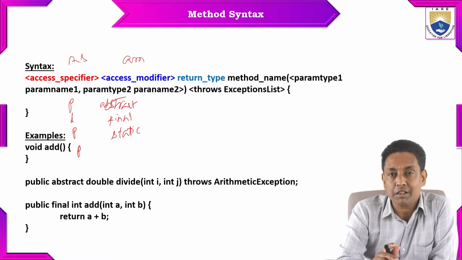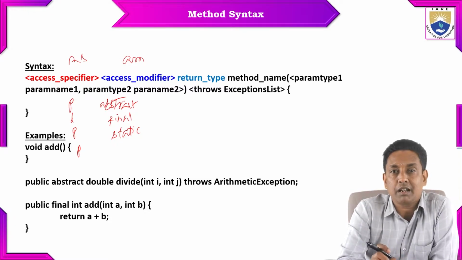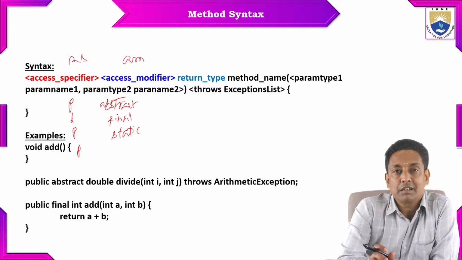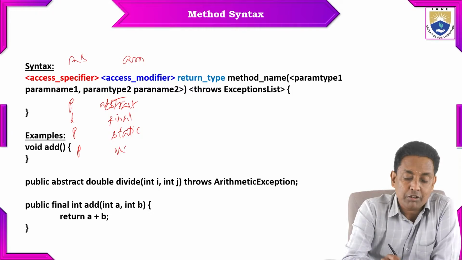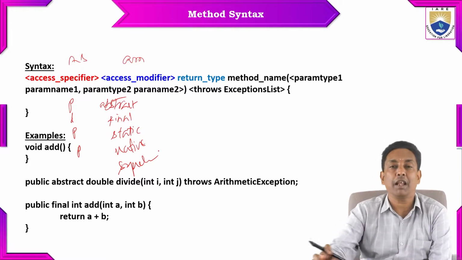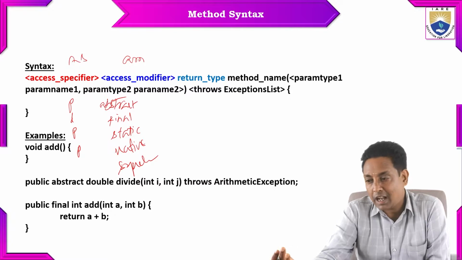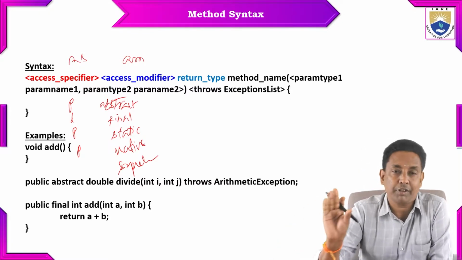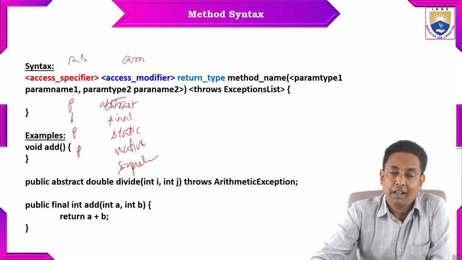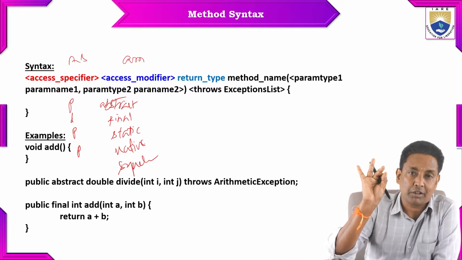The last leftover modifiers are native and synchronized. So altogether, how many modifiers can we apply on a method? Abstract, final, static, native, synchronized: five. Access specifiers: private, default, protected, public.